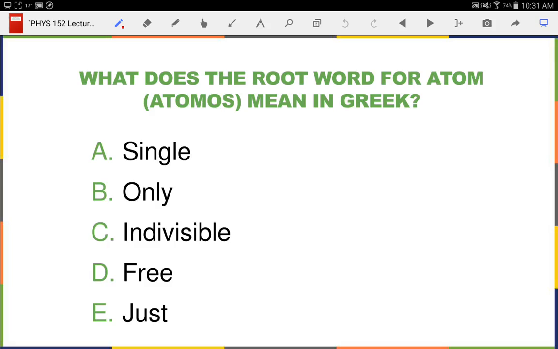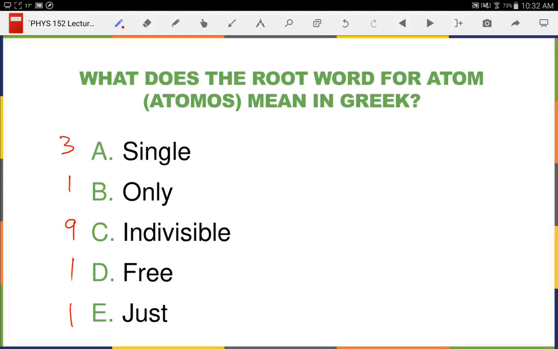So the question is, what does the root word for atom, which is atomos, mean in Greek? Okay, we had more spread than I thought.